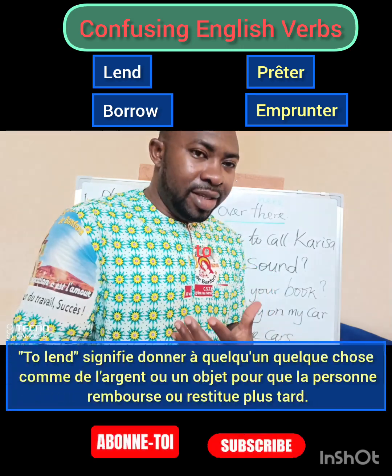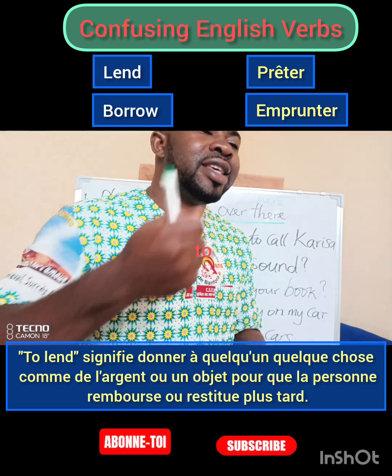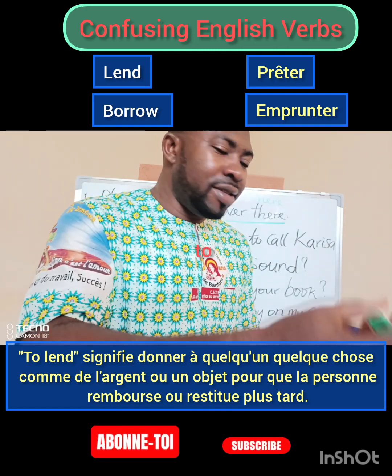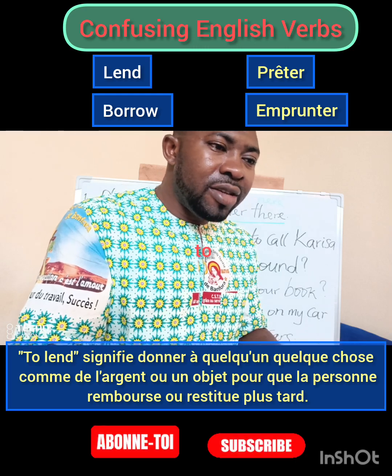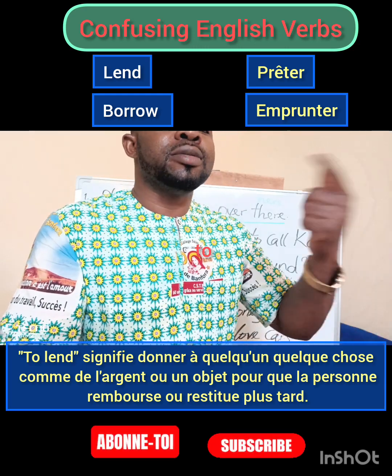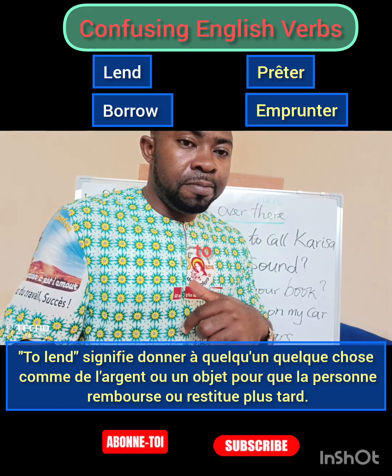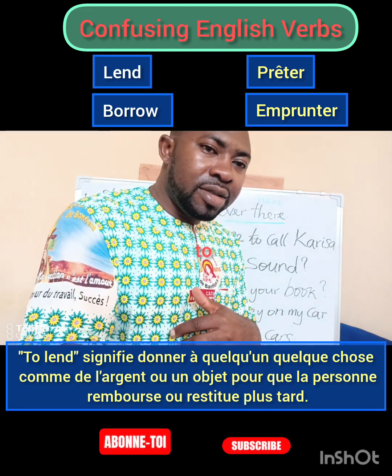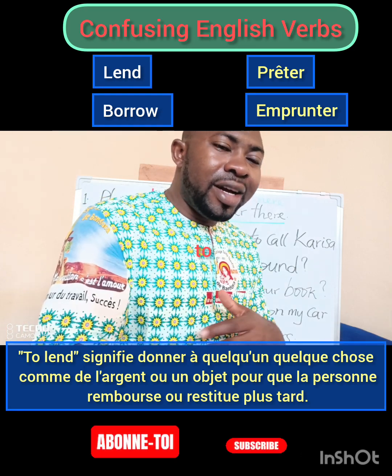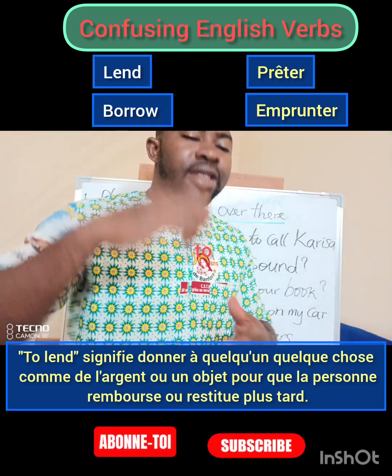when you are lending, it means you are giving the person either money or any object for the person to return back later. So you are giving the person the object or money, and the person will return it later.